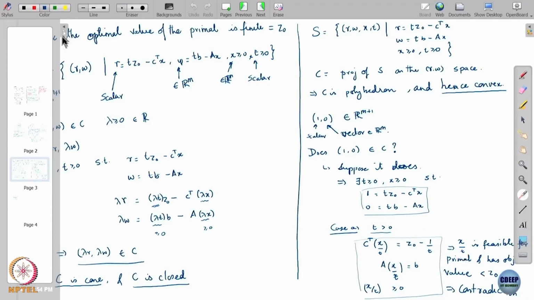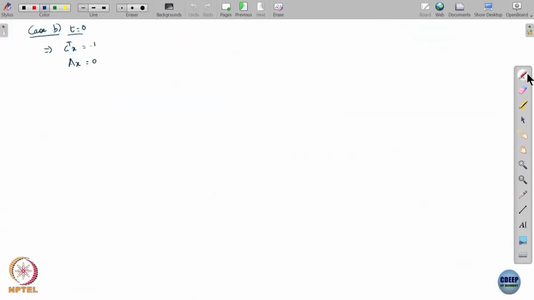Now, if A x equals 0 and C transpose x equals minus 1, what is this saying? If A x equals 0, it means that x is in the null space of A. So, we have found a direction such that if I go in that direction, my A times that direction will not change.